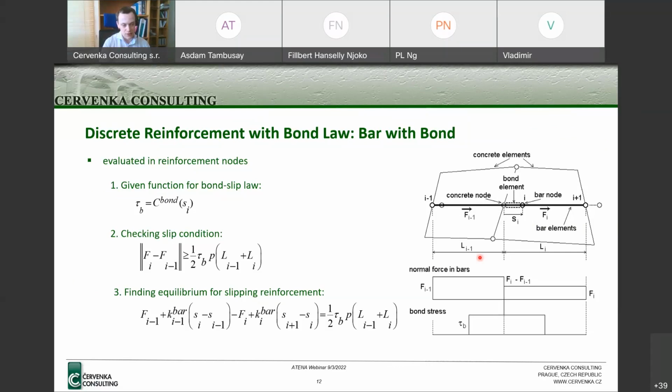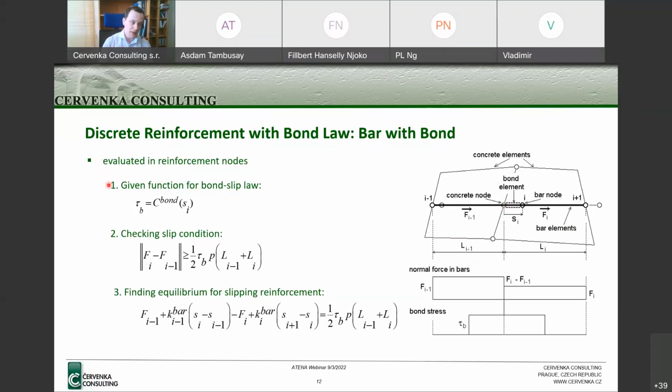After we increase the force, there can be some slip between the node of the reinforcement and the surrounding concrete.